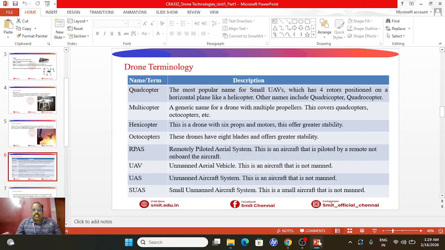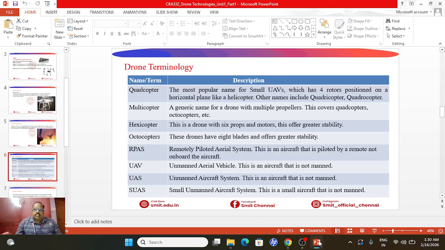This offers greater stability and endurance. Octocopter drones have 8 blades and offer greater stability.